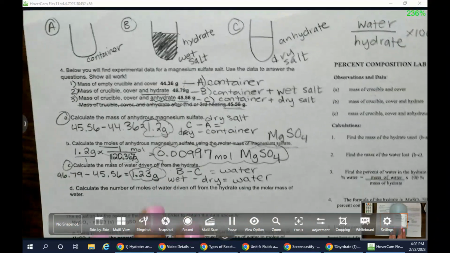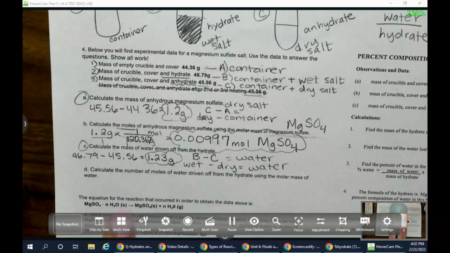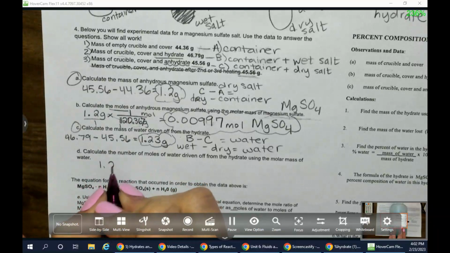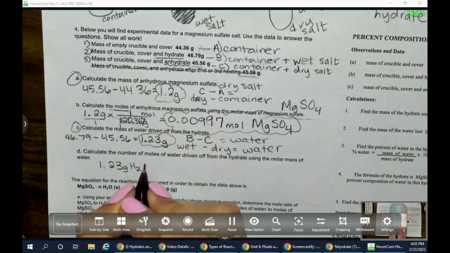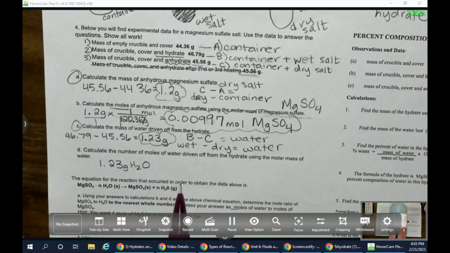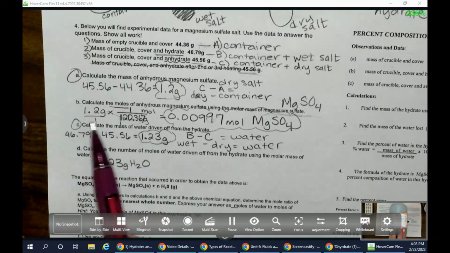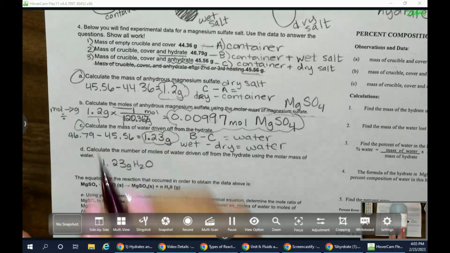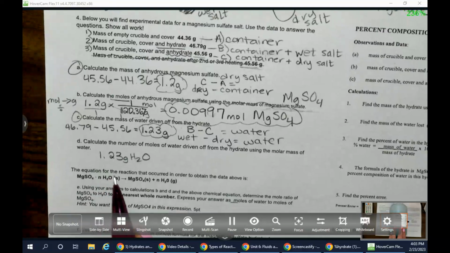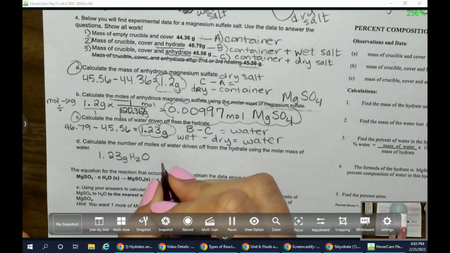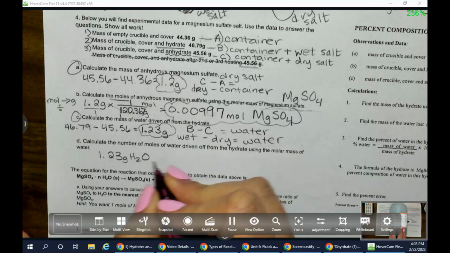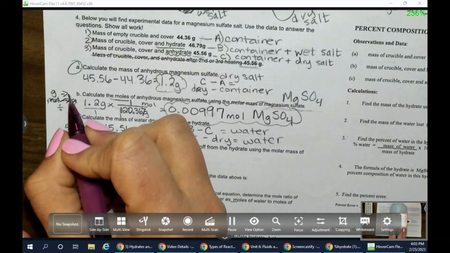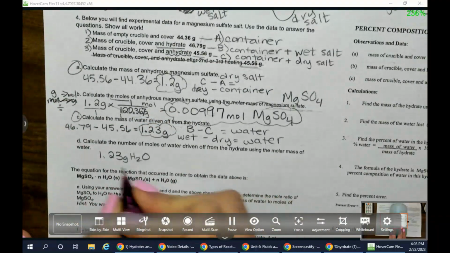Okay, so now that I have that, the next step is saying calculate the number of moles of water. So we're going to start with our 1.23 grams of water. I could show the dimensional analysis, but we technically already know how we're going from grams to moles. You're dividing by the molar mass. So grams to moles, I'm so sorry, that was a brutal mistake. Grams to moles by dividing by the molar mass.